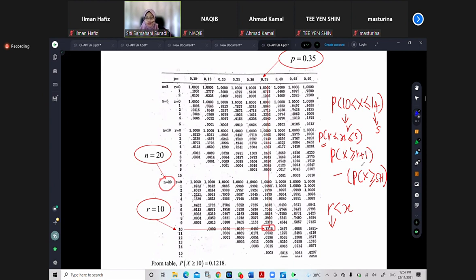Because this includes S, S plus 1 includes the S number.